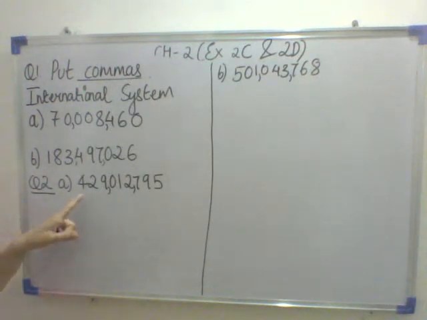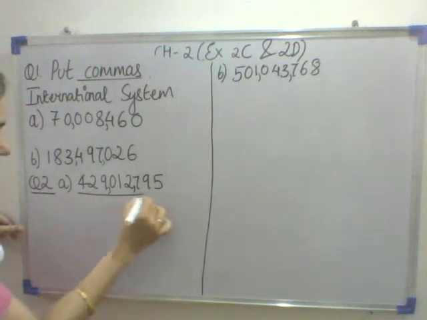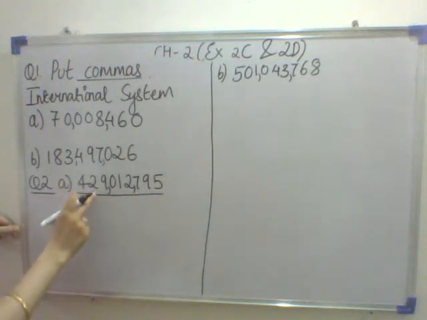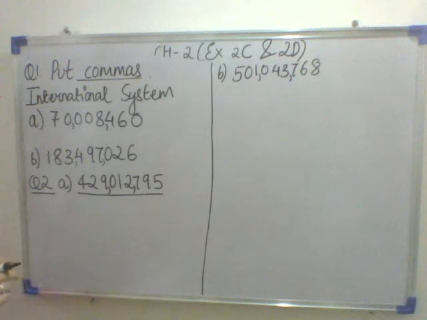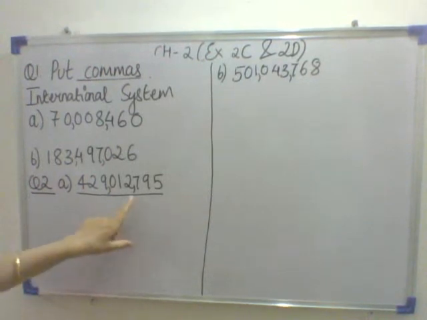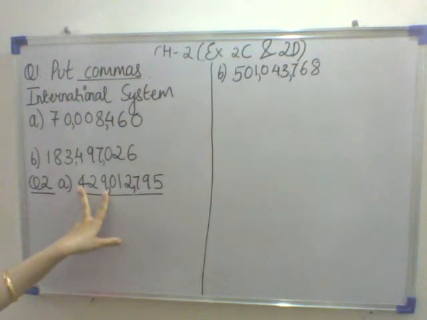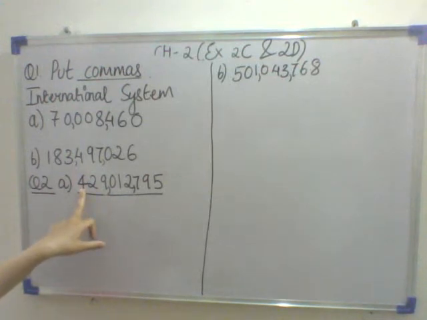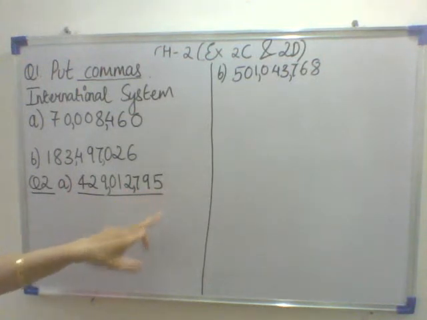The next, I have written here a number. You have to write this number in words in the international system. I have put the comma after every 3 digits. So first look at this 3 digits only. This is 429 million, 12,795.